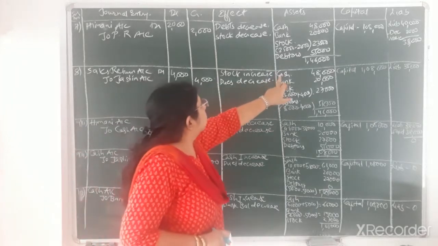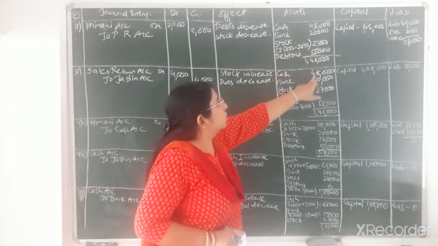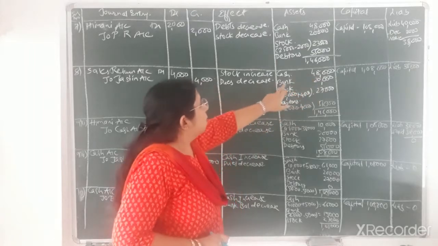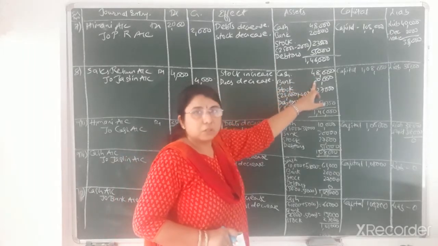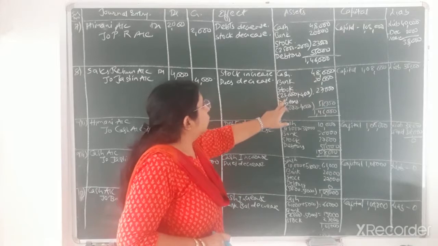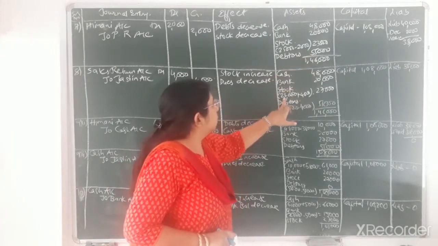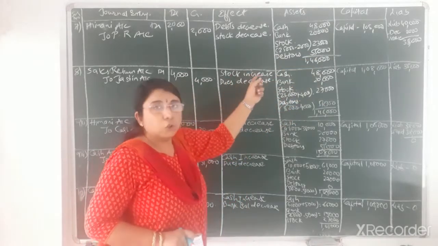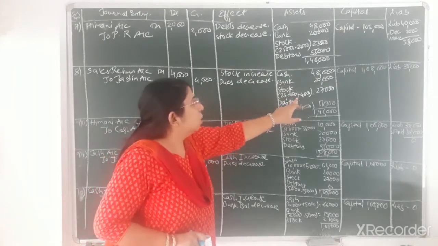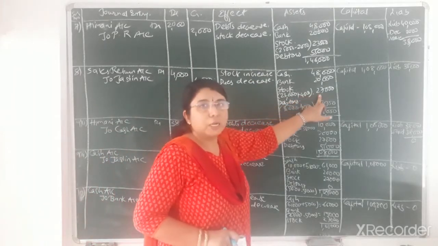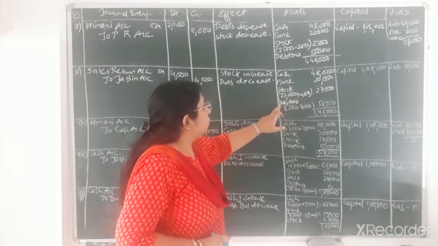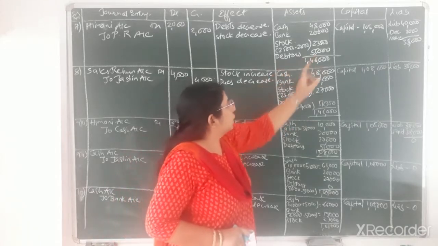As you can see, cash balance was 48,000 in the previous transaction, as it is 48,000. Bank balance also is as it is from the previous transaction, 20,000. Stock value in the previous transaction was 23,000, plus stock has increased due to sales return by 4,000. So the total value of stock came to 27,000. Now in case of debtors, the debtors value was 55,000.